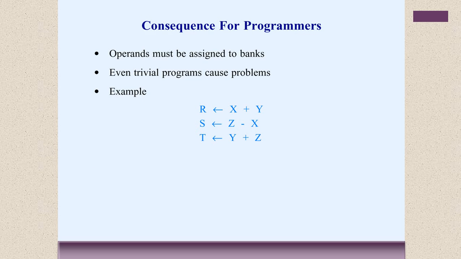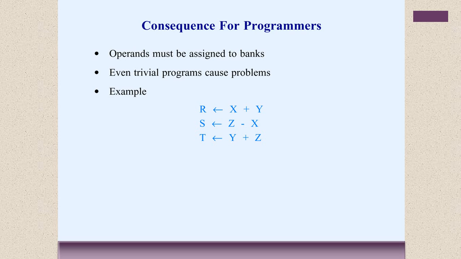Let's just go over that again. In this case, x and y are placed in registers from opposite banks. So if we assume x is in register bank A, y is then in register bank B. But for the subtraction, z must be in a different bank than x. So that must be in register bank B.